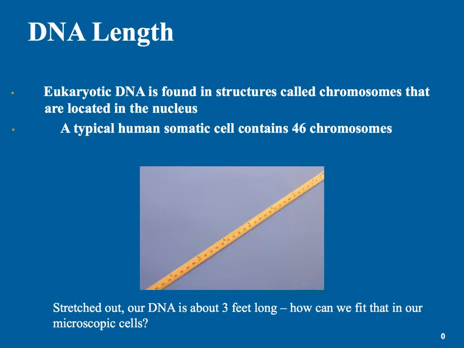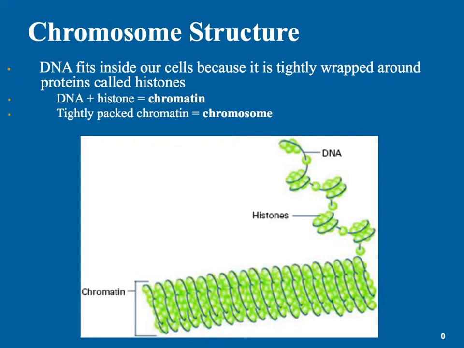It can fit inside a cell because it coils around a protein which we call histone. And I'll show you a picture here. So chromosomes are typically tightly packed chromatin, and chromatin is simply threads of DNA wrapped around a histone, and a histone is again the protein that DNA wraps around.